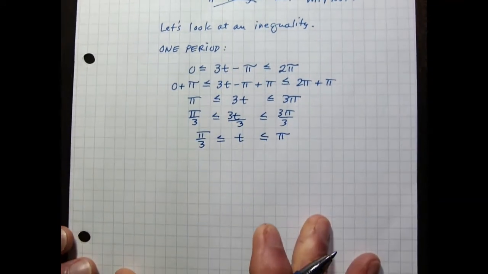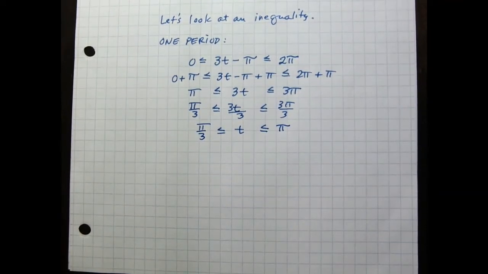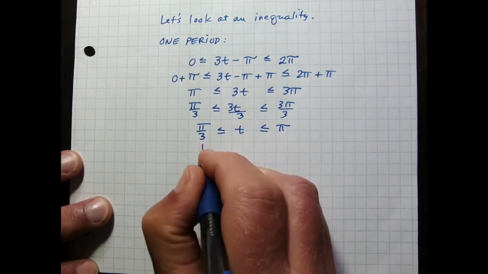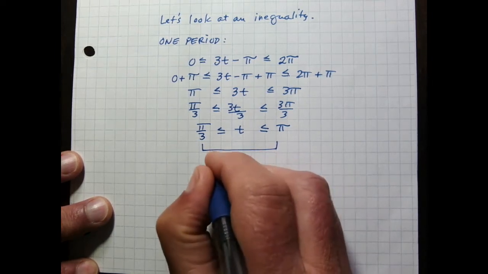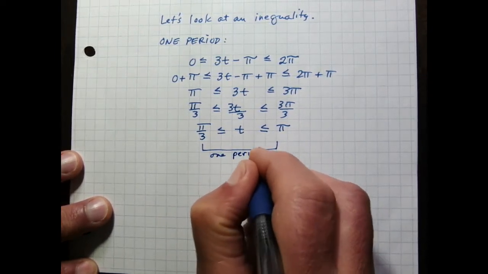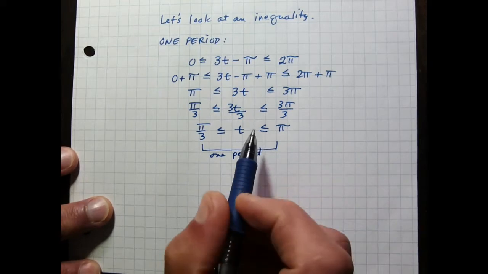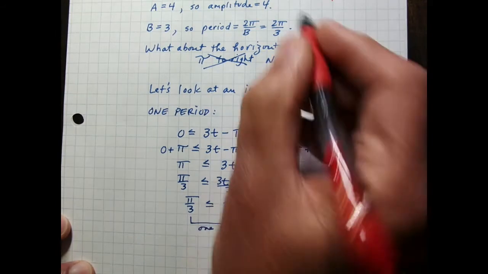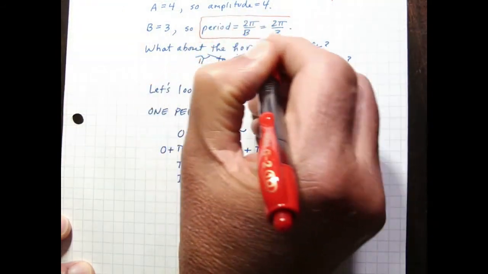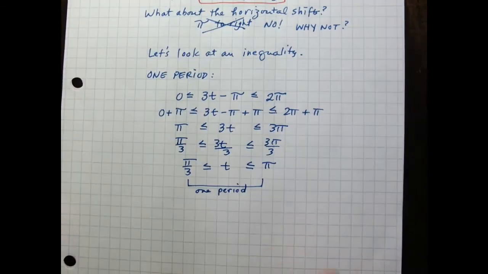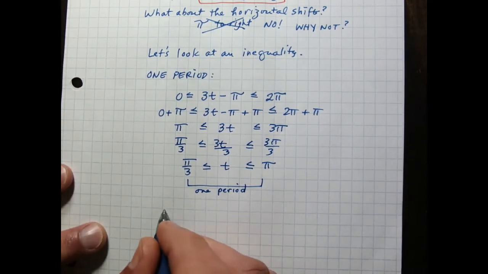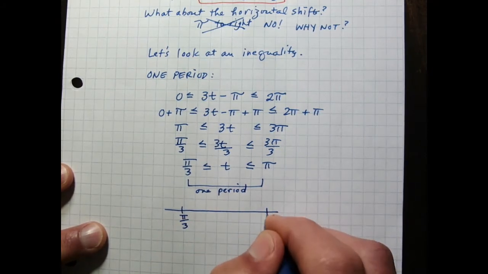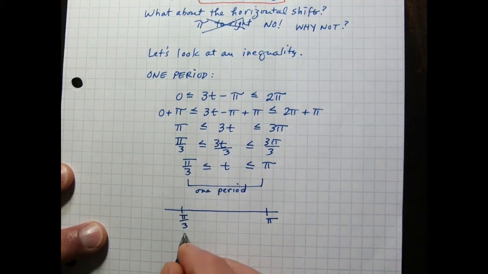Now, this interval represents one period. But wait a minute, we just set up above that the period was 2 pi over 3. So you might say, where's our 2 pi over 3 here? Well, this is like an interval of x values from pi over 3 to pi.